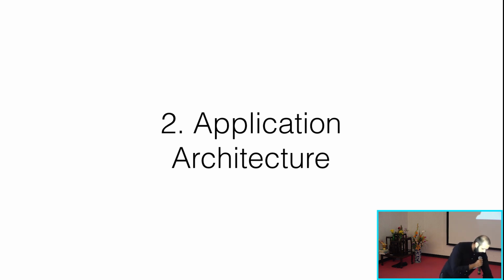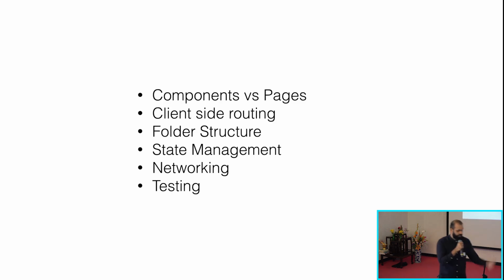And I talk a little bit about this, which is the components versus pages, and then you have the routing. So how are you going to set up the routes, folder structure, state management, networking, and testing? So all this stuff was a big question mark when I started.